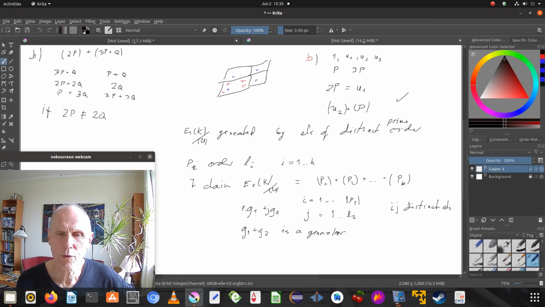And that even holds for prime powers, so that's just the Chinese remainder theorem that we need to use to do that. So it's actually simple.